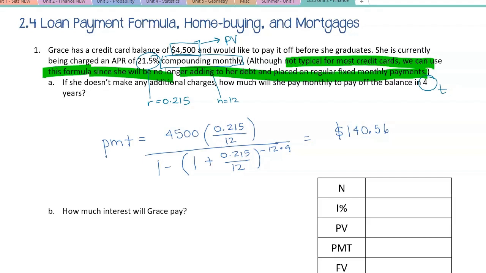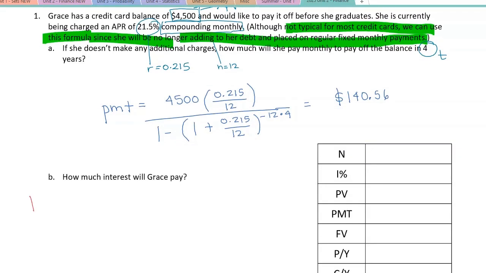The next question says, how much interest will Grace pay? Just a reminder, we cannot use I equals PRT because I equals PRT is for simple interest. So to figure out how much we pay in interest, we need all the payments, and then we'll subtract off the loan amount. And I'm just going to use loan amount here just as a generic term. Here it's balance on our credit card.